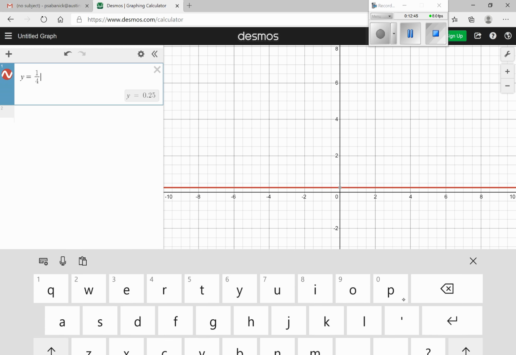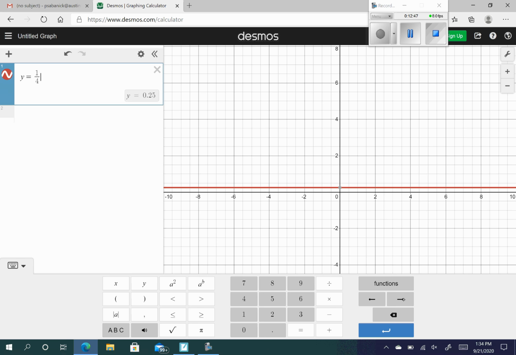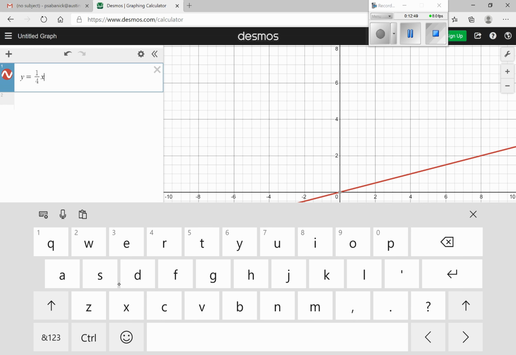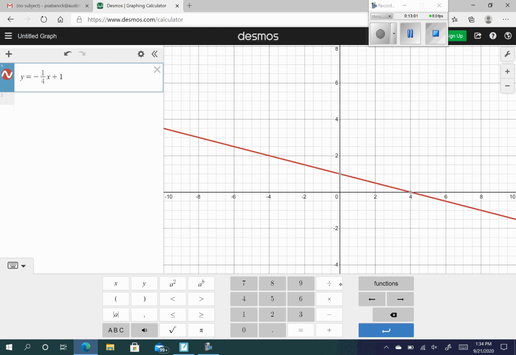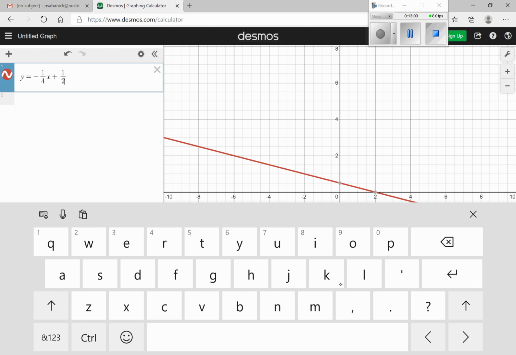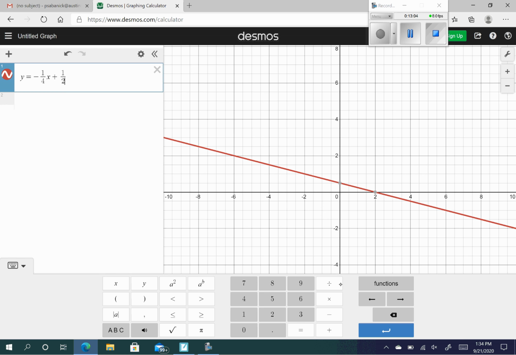Just hit the right arrow key to get out of that. And then we want x, and that was a negative 1/4, so I'm going to go back to the beginning, type in a negative sign, and then we want a plus 1 half. All right, so you can see my line here.